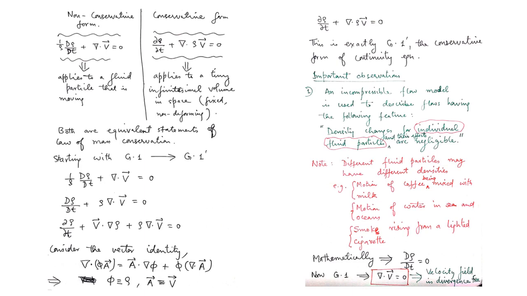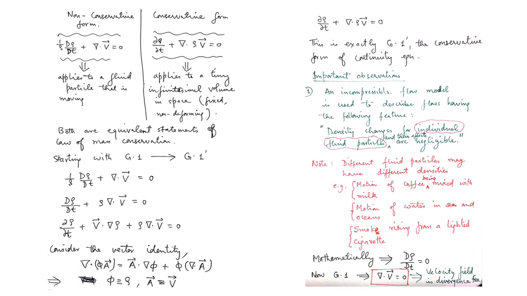Now if you absorb this with the continuity, and of course which continuity will you use? You will use G.1, because it has that derivative, 1 by rho d rho dt. If you absorb the incompressible flow scenario into it, you simply have the very interesting result del dot V equals 0, meaning the volumetric strain rates in individual particles should be 0.